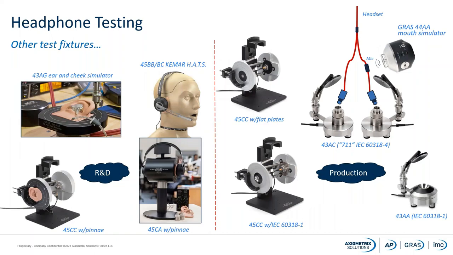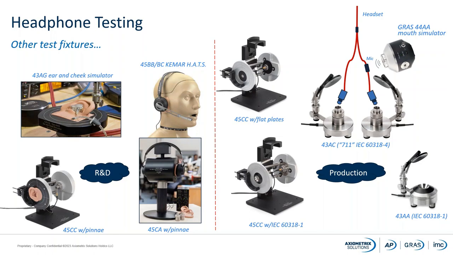Let's have a short look at other fixtures. We have the 43AG, an ear and cheek simulator. The 43AG is a perfect little test jig for R&D, actually for fast and easy test of prototype.